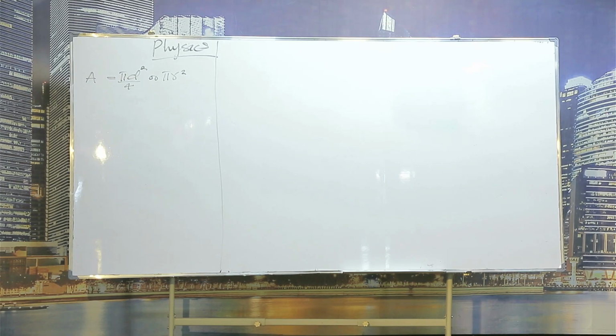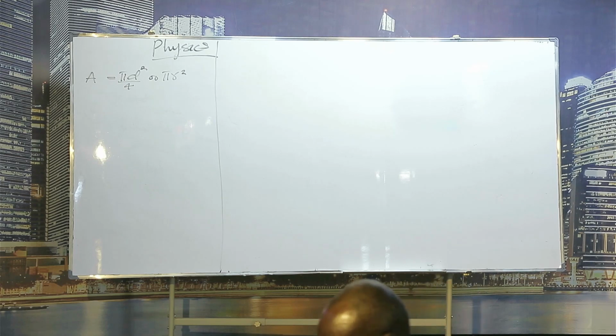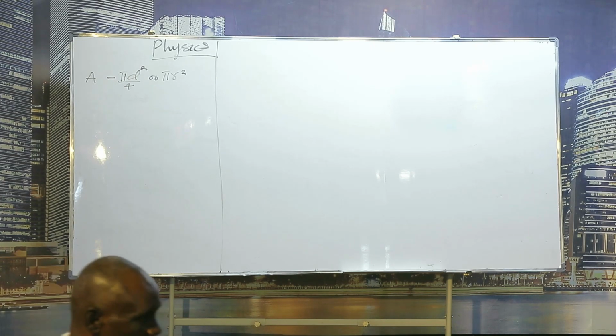So consider the formula. Either you use that of radius or you use the diameter. Already we solved related questions based on the topic. But this is just purely mathematical.